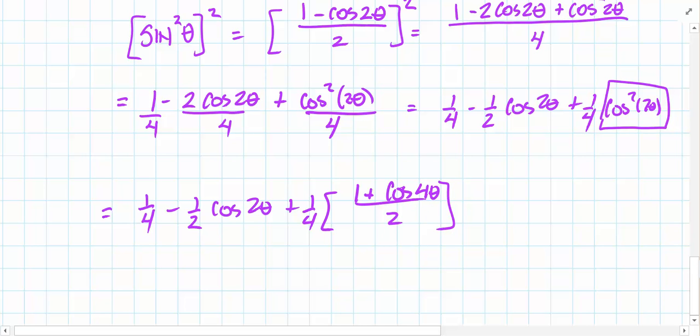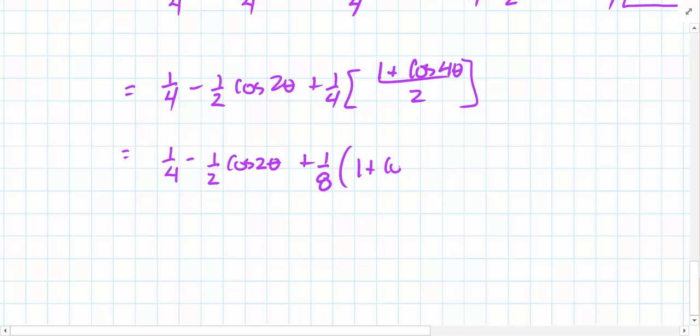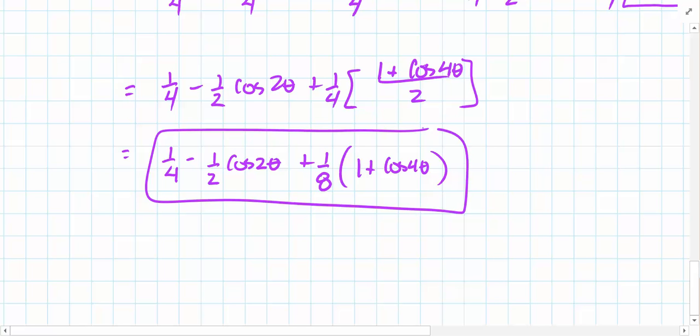Yeah, should be plus, thank you. So then the final answer you guys should have come up with should be 1/4 minus 1/2 cosine 2 theta plus 1/8 times 1 plus the cosine of 4 theta. And it's exactly the same thing except for that minus sign right here in the beginning.